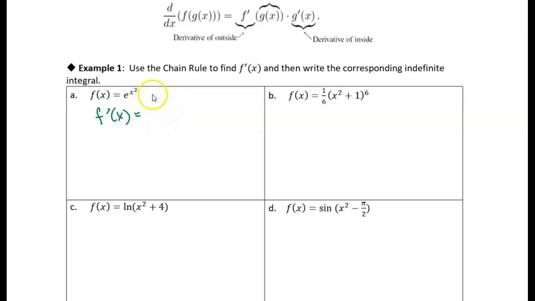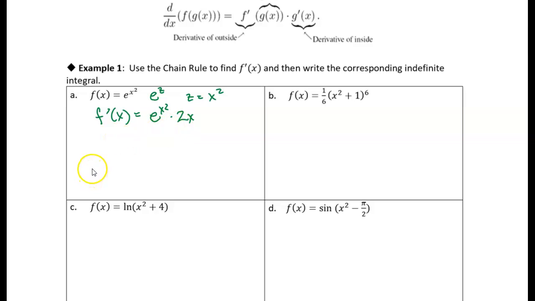And we could break this apart, I guess, if we wanted to, and call this e to the z, where z is equal to x squared. So the derivative of e to the z is e to the z, and z is x squared. So the derivative of the outside function is just going to be e to the x squared, and then we take that times the derivative of the inside function, which is the x squared function. And the derivative of x squared is just 2x.